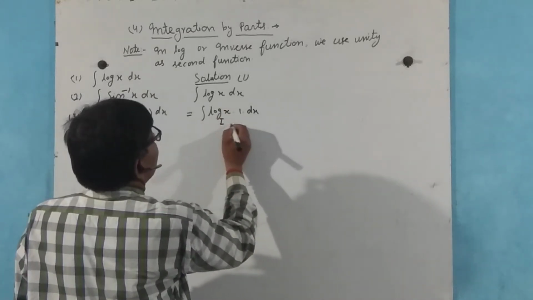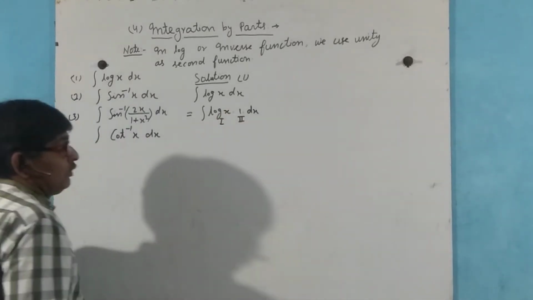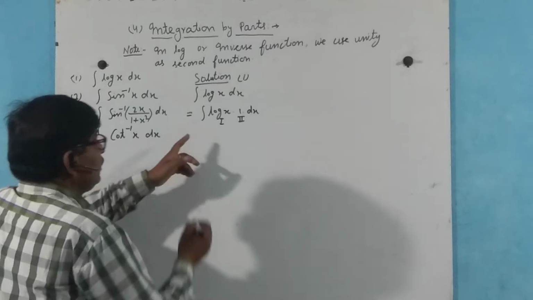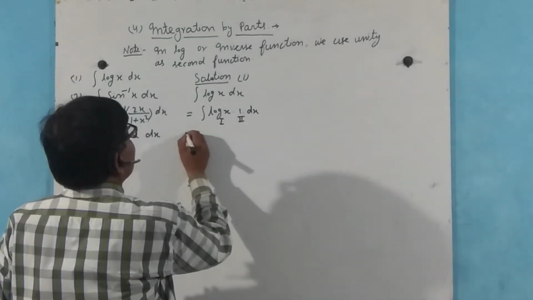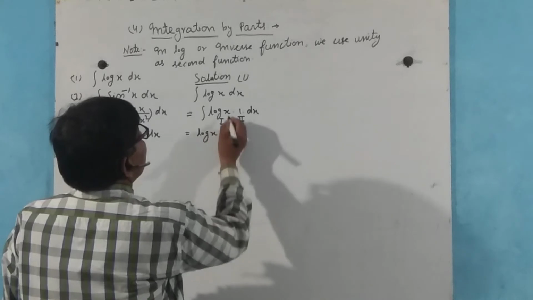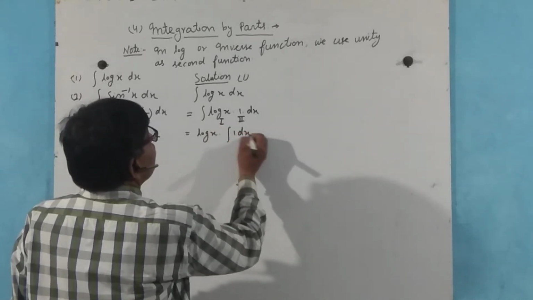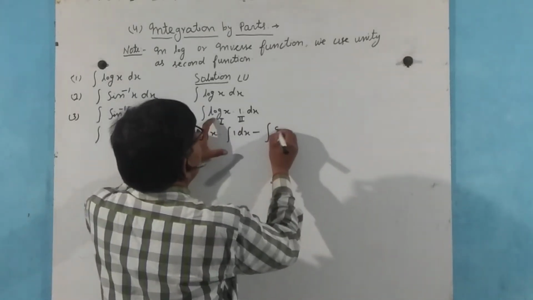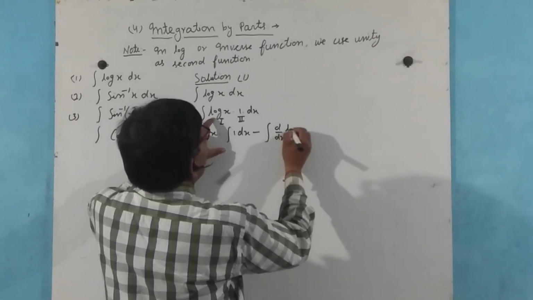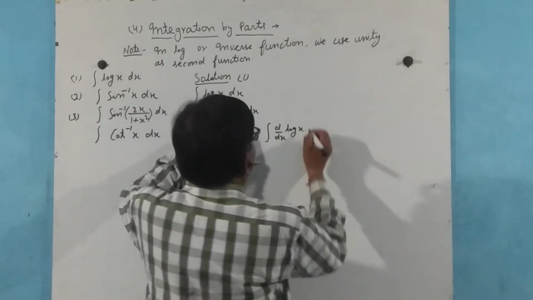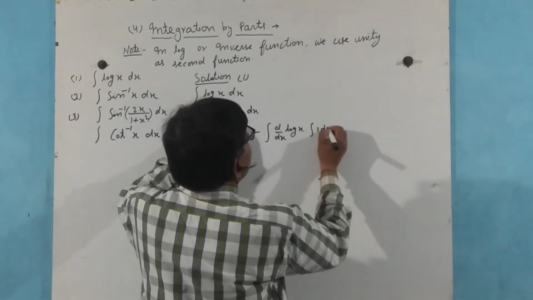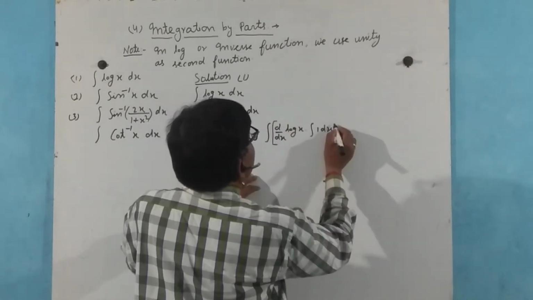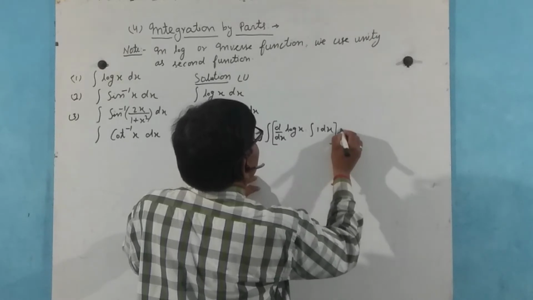This is the first function and this is the second function. So in the product method: first function log x into integration of second function 1 dx, minus the whole integration of the differentiation of the first function d by dx log x into integration of the second function 1 dx, and we take the whole integration dx.